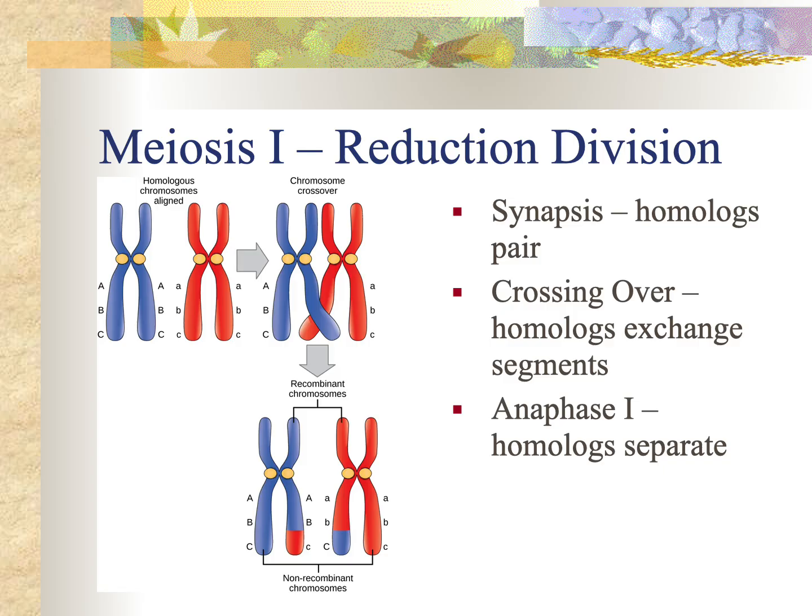Part of it came from the father, part of it came from the mother. And no longer are the 2 sister chromatids identical because they've exchanged material with their opposite. These homologous pairs are going to separate in meiosis 1, and then in meiosis 2, the sister chromatids will separate.